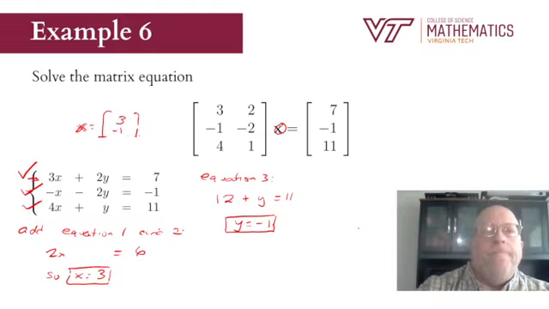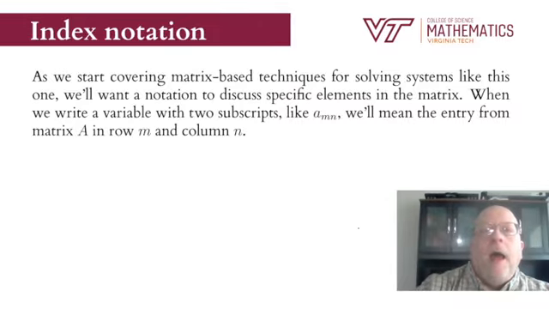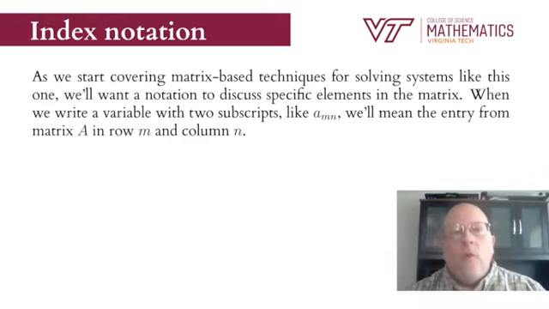Let's try another one. As we start covering matrix-based techniques for solving systems like this, we're going to want a notation to talk about specific elements in the matrix. This is called index notation. We'll write a variable with two subscripts to it, and that will always reference the row first and the column second.